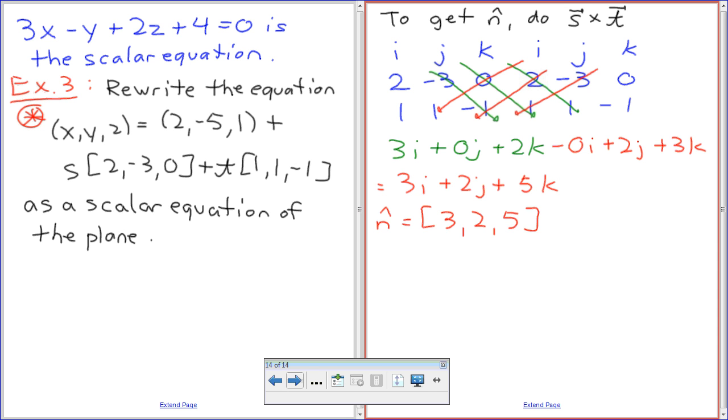Yeah, go ahead, Nicole. Shouldn't that be a negative 3k? Negative 3 times 1 is negative 3, which is subtracting this way, so that's what it becomes. All right, Brendan, we've solved quite enough. Now that I have my normal, how does that help me find the scalar equation of the plane?